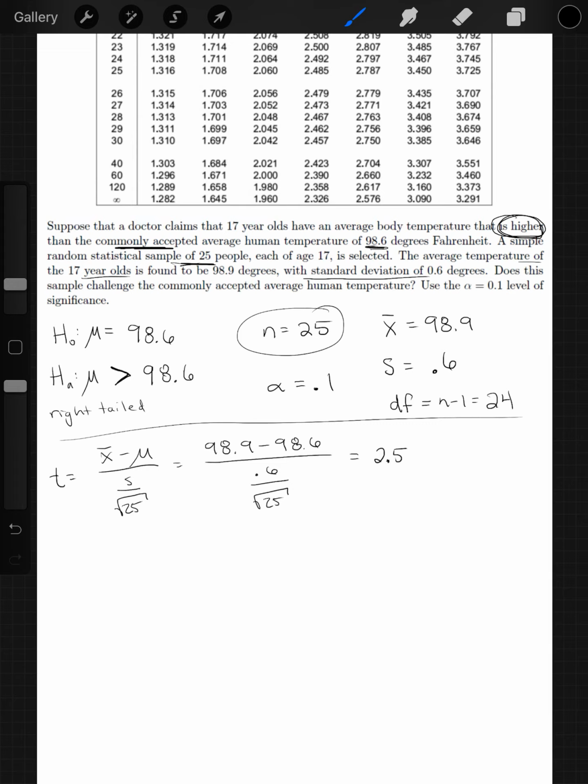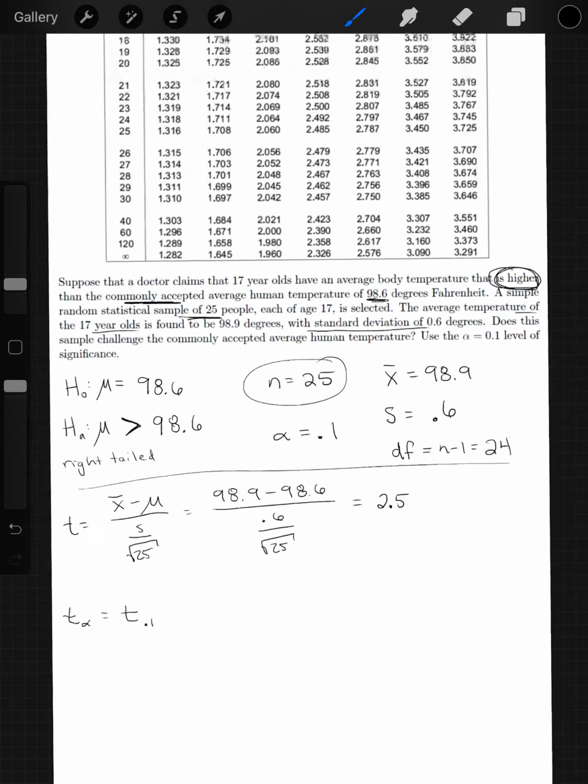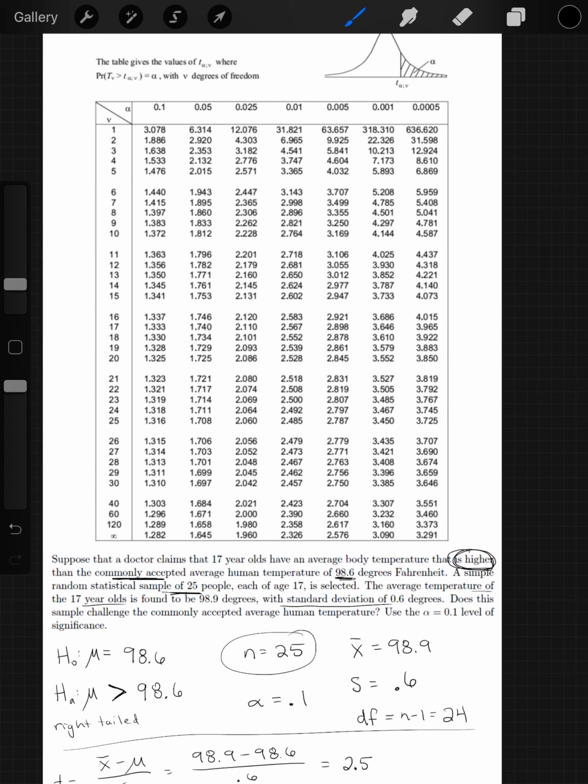So we also need to know T sub alpha, right? So that's going to be T sub 0.1 with degrees of freedom 24. So we go up to here. Remember, this column is degrees of freedom, so we look for 24 here.